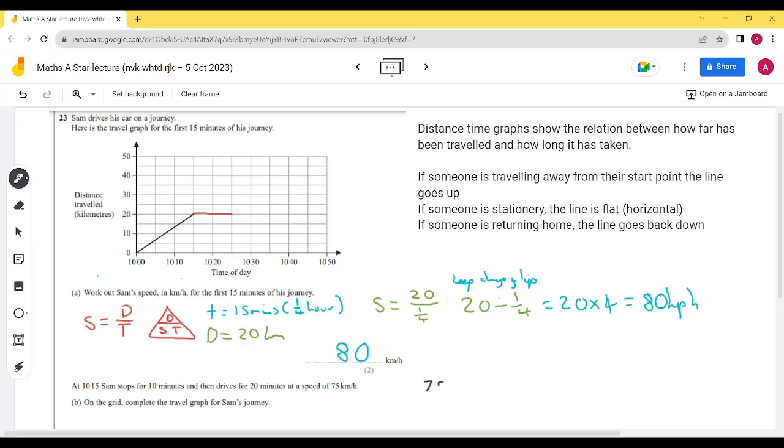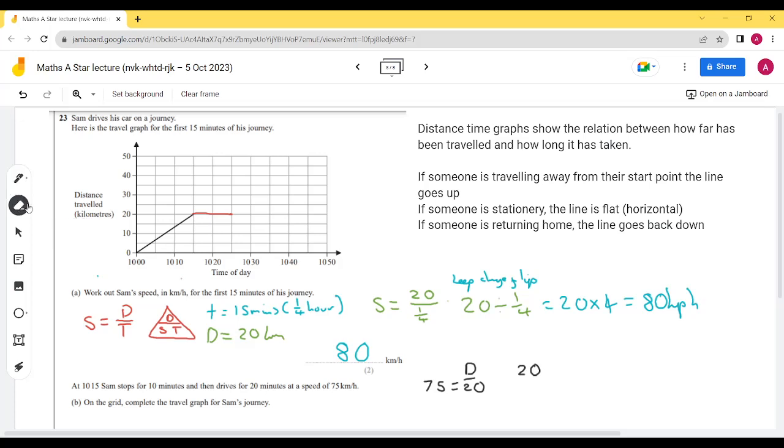We can say 75 kilometers per hour, so the speed equals distance divided by time, but it's 20 minutes.